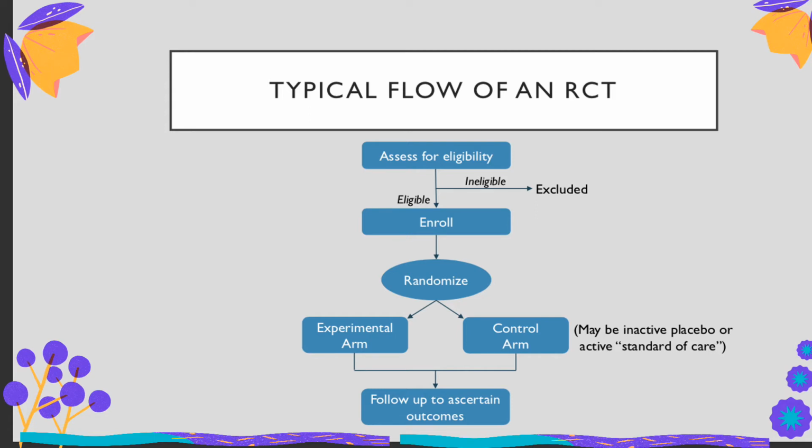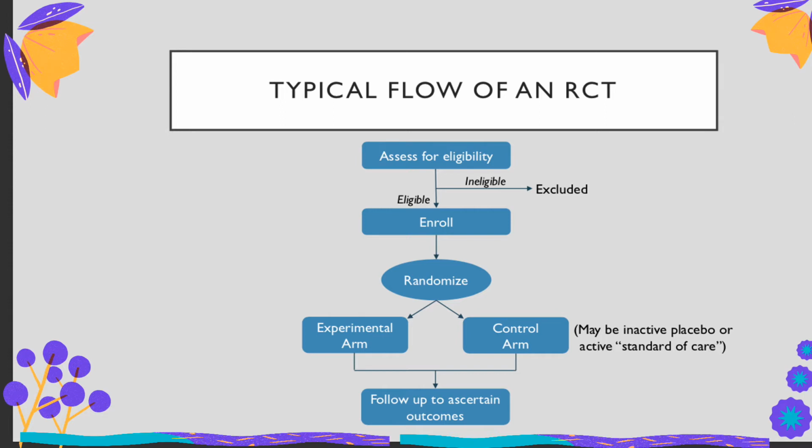Typical flow of an RCT. First is assessment for eligibility of patients. If patients are ineligible, then they have to be excluded from the study. If the patient is eligible, then the patient will be enrolled and will be informed of all the procedures involved in the protocol.